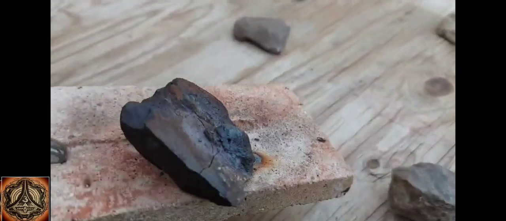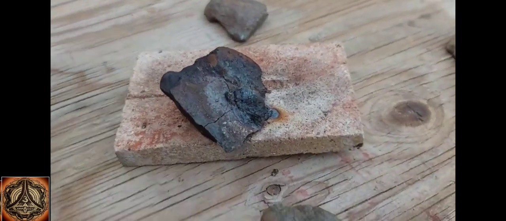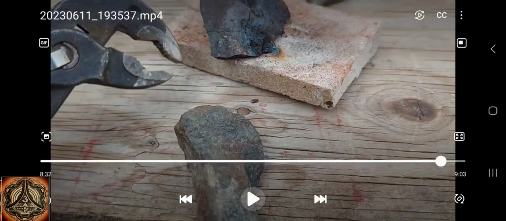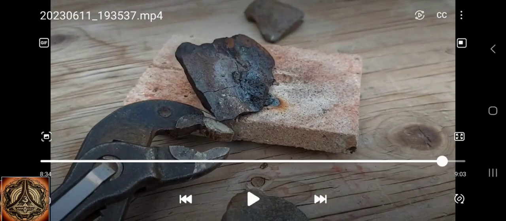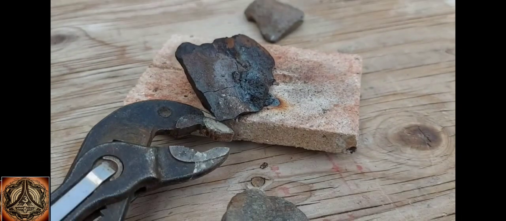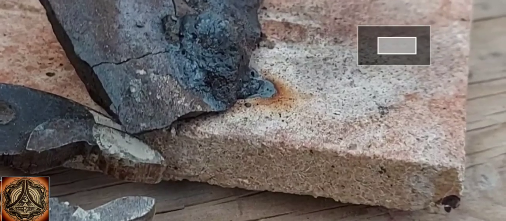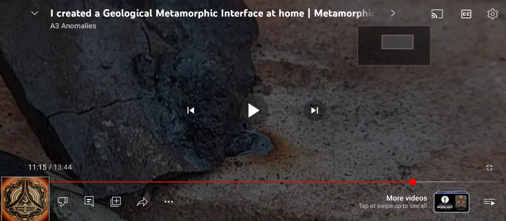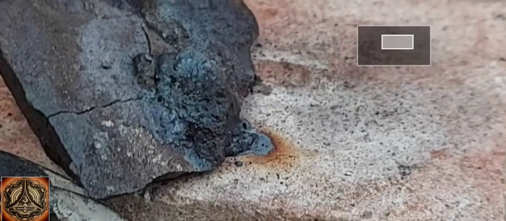And you can see that there's some black stuff pouring out of this little pebble which has been in the microwave. And it fused to the stone on which it was situated in the microwave.